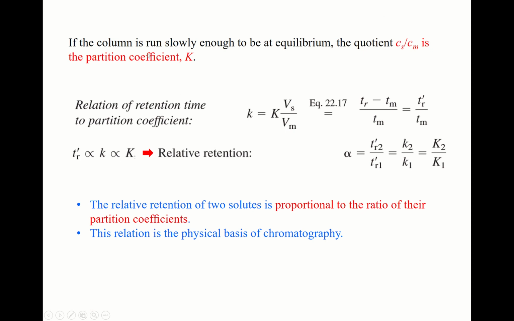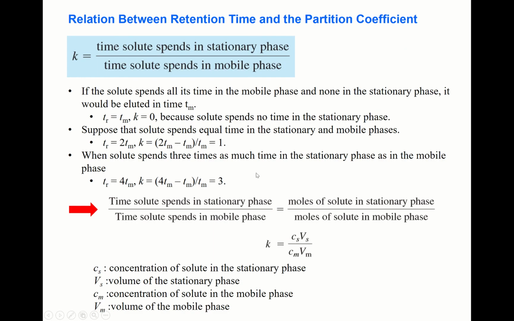If the column is run slowly enough to be at equilibrium, the quotient Cs over Cm is the partition coefficient K. Let's consider the situation where you move the mobile phase slowly, and then at every moment there will be an equilibrium of solute in the stationary phase and the mobile phase.